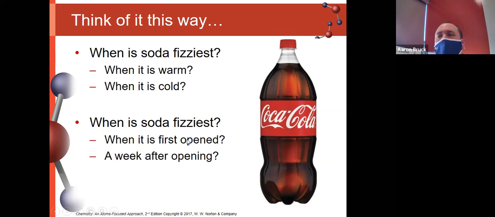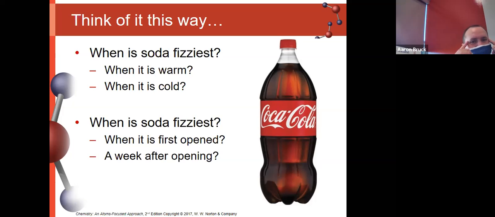A bottle of soda, a can of seltzer water, whatever you want to think of. Carbonated beverages are packed under high pressure. The reason why? To get that carbon dioxide to dissolve in the liquid. Carbonated beverages are best served cold. Why? They go flat pretty quick if they're warm.